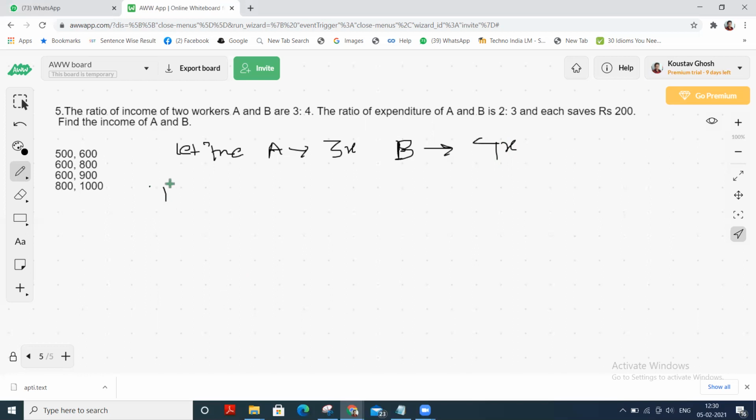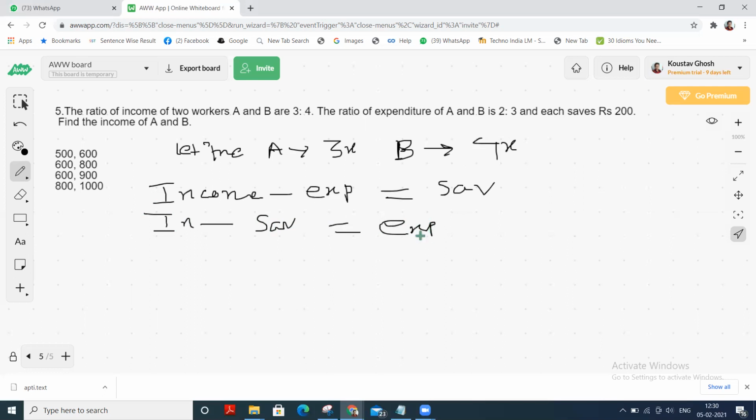So apply the formula: income minus expenditure is savings. Or income minus savings equals expenditure. Okay.